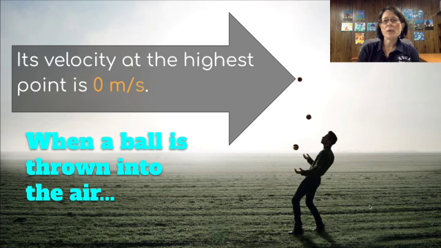So one thing we are concerned about is when a ball is thrown into the air. So you see the juggler here in the picture. And when he is juggling and throwing the balls into the air, one thing we need to know is that the ball's velocity at the highest point is 0 meters per second. When we throw a ball in the air and it stops at its highest point, it stops momentarily so that its velocity is 0 meters per second.